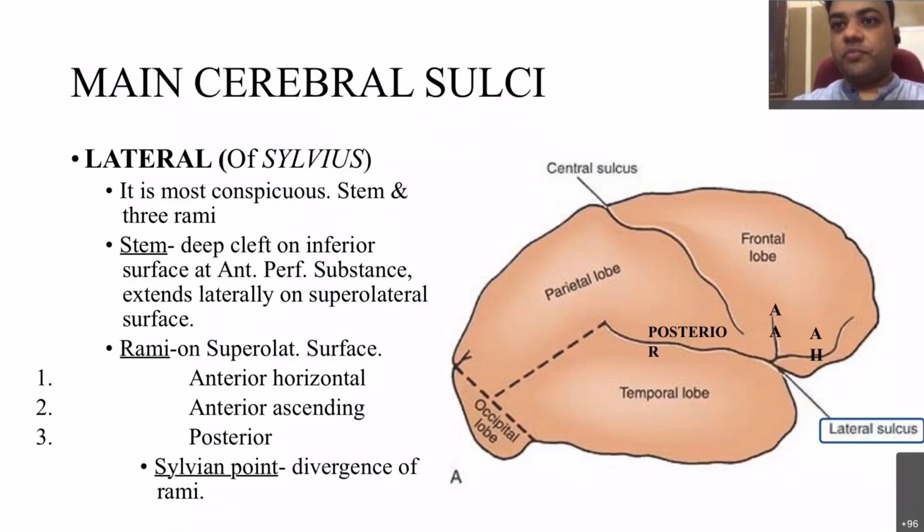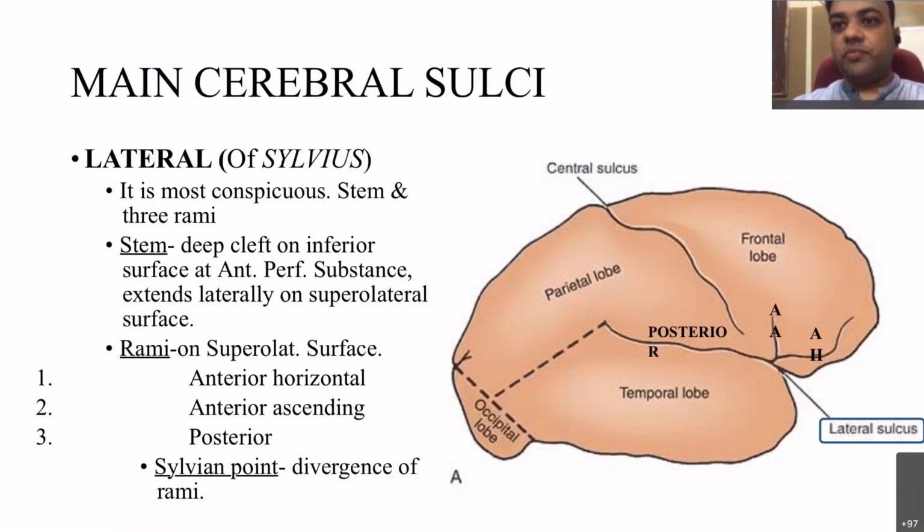I have written in abbreviated form AH, on your right side, AH means anterior horizontal, that is one branch. Then above that AA, that is anterior ascending, and the posterior, which is larger, that is the posterior ramus of the Sylvian sulcus.